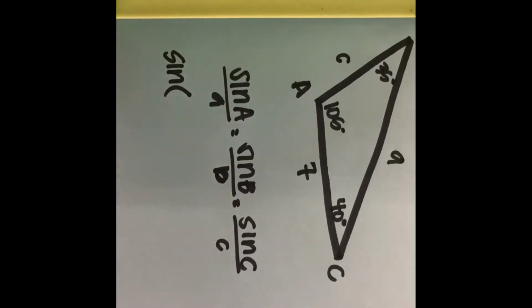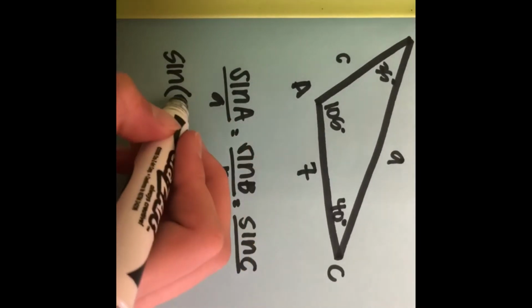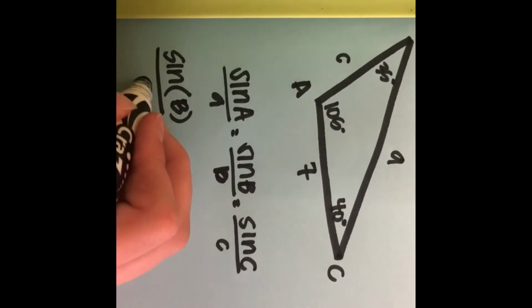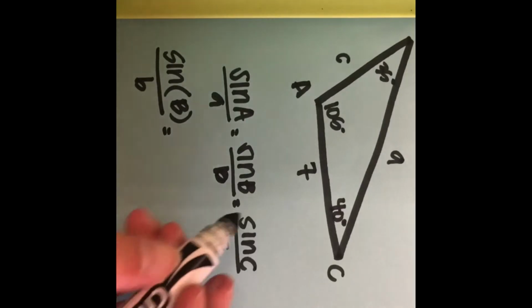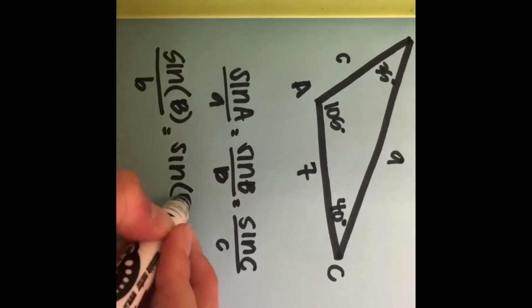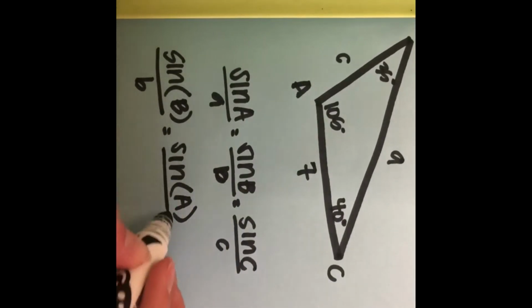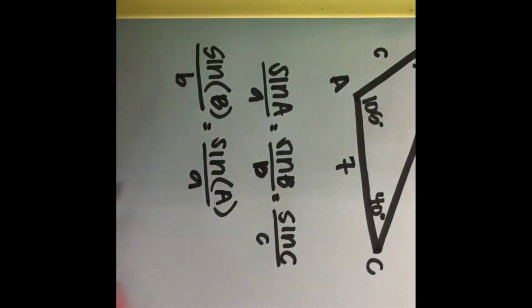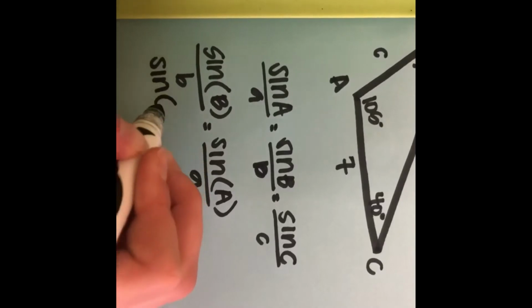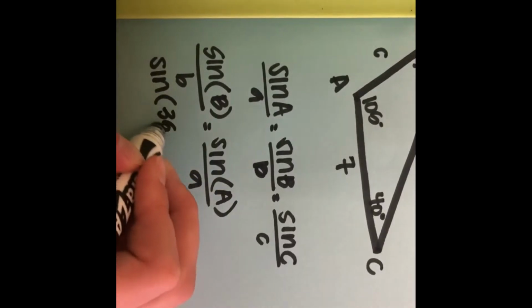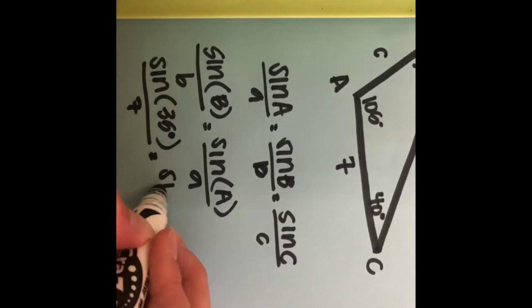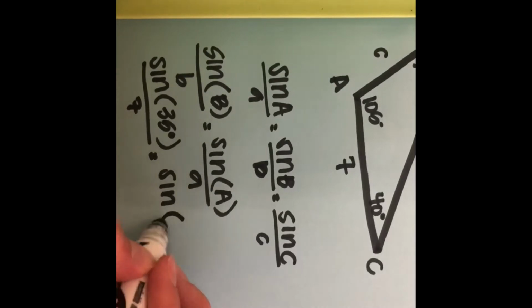And since they are all equal to each other, the sine of B over the length of B is going to be equal to the sine of A over the length of A as well. This means that the sine of 35 over 7 is going to be equal to the sine of 105 over the missing side of A.